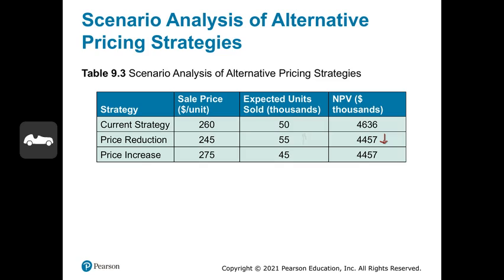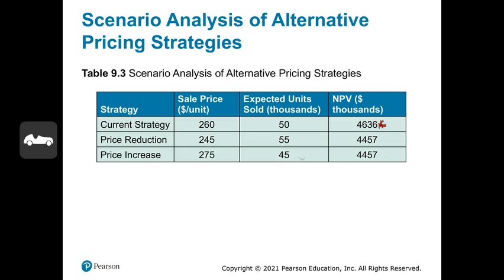What happens if we have a price increase? If P increases, it's going to drop the number of units that we sold, and that's going to give us a net present value that is lower than our current strategy. So that tells us that we want to stick with the current strategy.